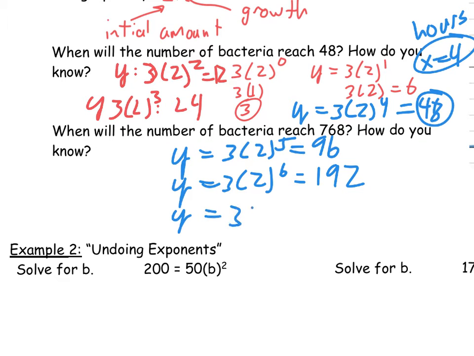Let's try 3 times 2 to the seventh. I'll go back again, type in 7, and I get 348. I think if I double this one more time, we're going to get what we're looking for.